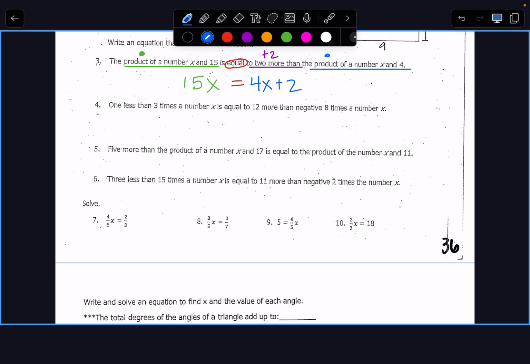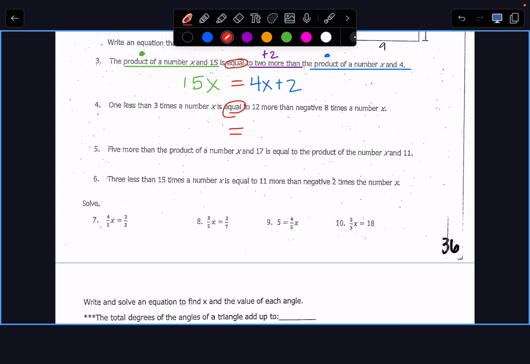Okay? All right, so let's look at number 4. 1 less than 3 times the number x is equal to 12 more than negative 8 times the number x. There's a lot going on. I really like to find the word equal first and put my equal sign there. And now I can kind of split it into 2 parts. Let's read the first part of the sentence. 1 less than 3 times the number x.